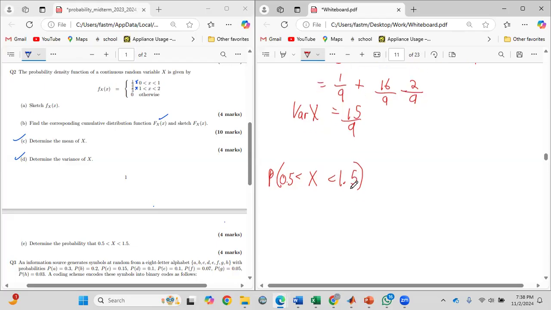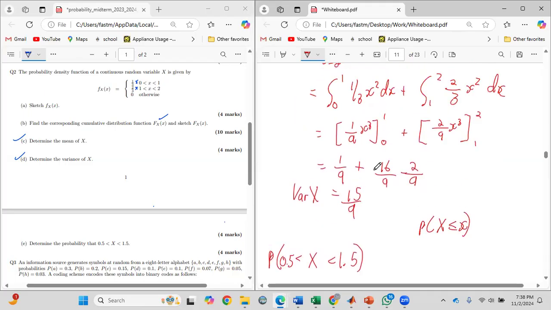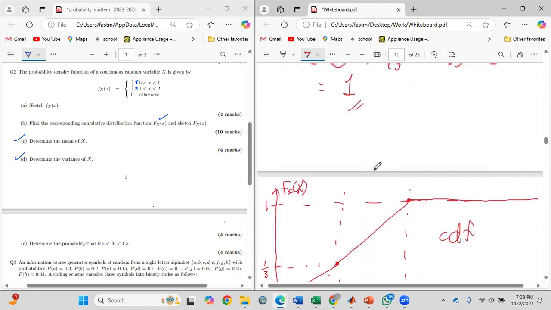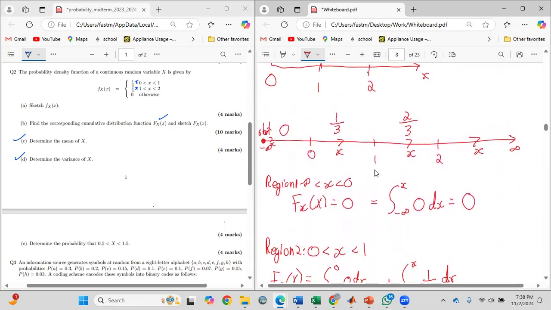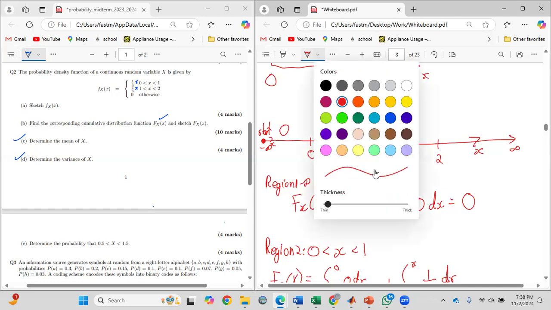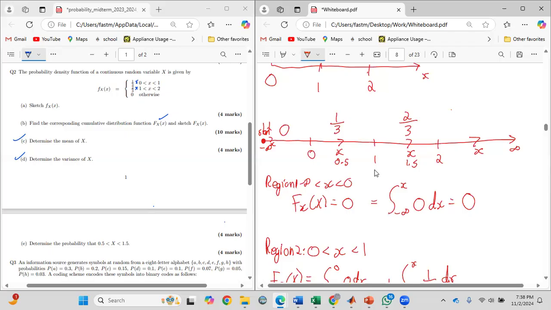Because we have a CDF graph which gives us the probability of x being less than or equal to x, you just use that. And because I have a line, my line will also help me out because I can see what I want. They want 0.5 and 1.5 here, so if I plug 1.5 into my CDF equations, I will get everything less than or equal to 1.5, which is okay.